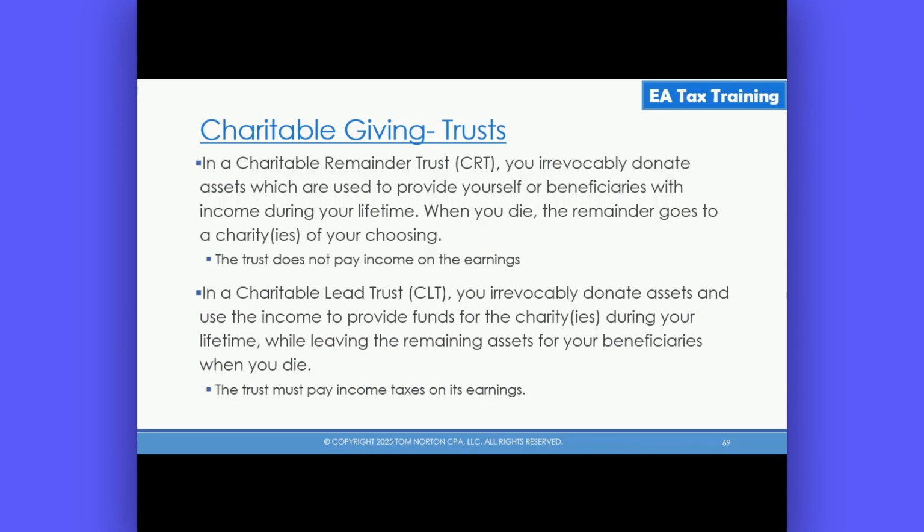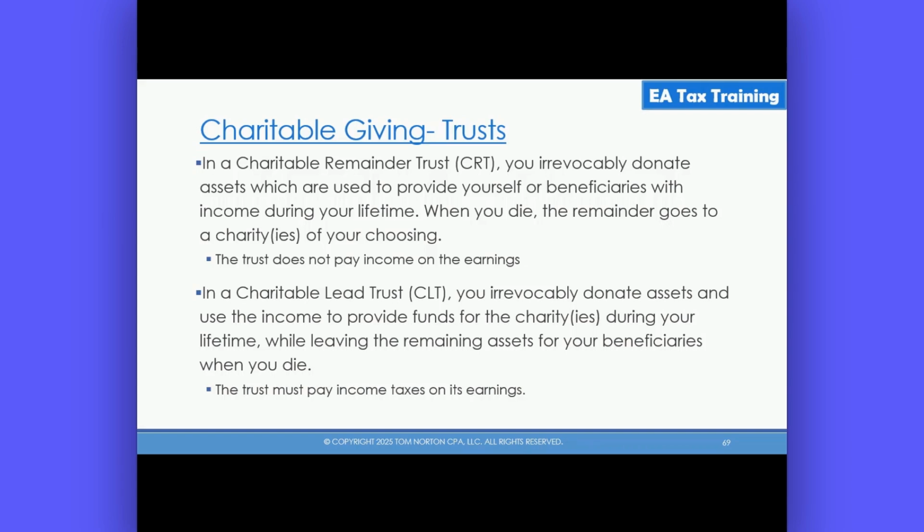The next type of trust is a charitable lead trust, and this is kind of the opposite of the other one. With a charitable lead trust, you donate the assets to the trust. So let's say it's stocks again, but in this case, it's the opposite. While you are alive, the income, the dividends from the stocks, goes to the charity. The charity gets the income from the stocks while you are alive.